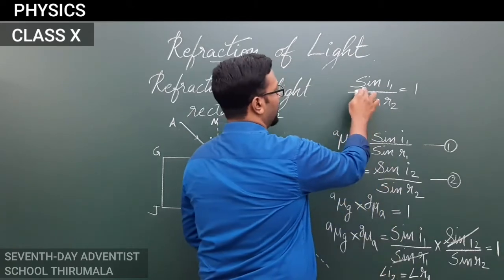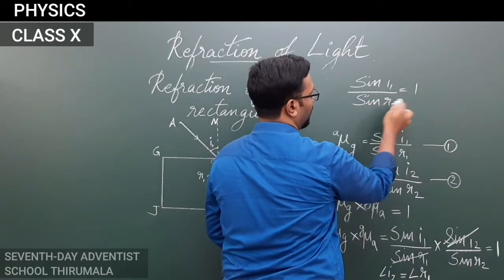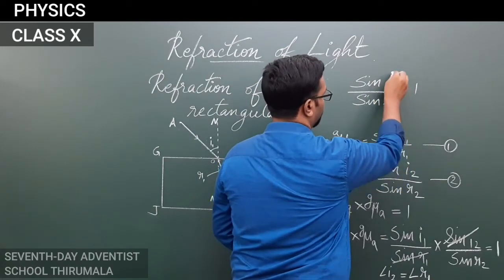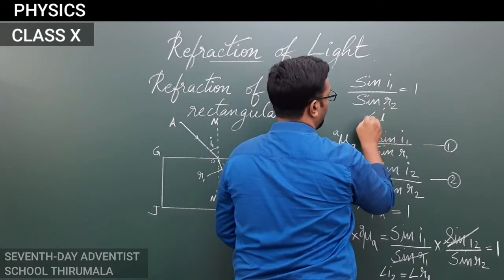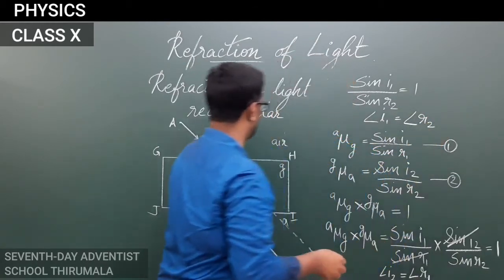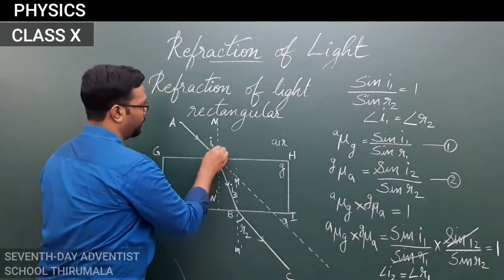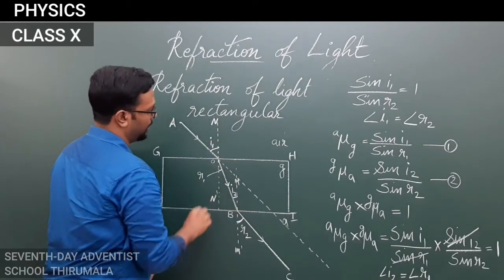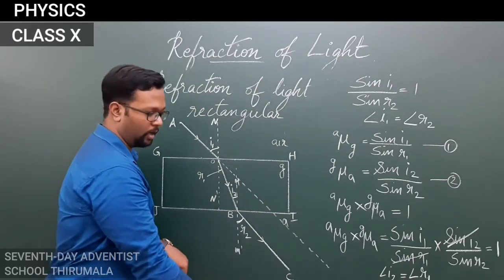That means sin I1 is equal to sin R2, that is, angle I1 is equal to angle R2. Look here, angle I1 is equal to angle R2. We have just proved that I1 is equal to R2.